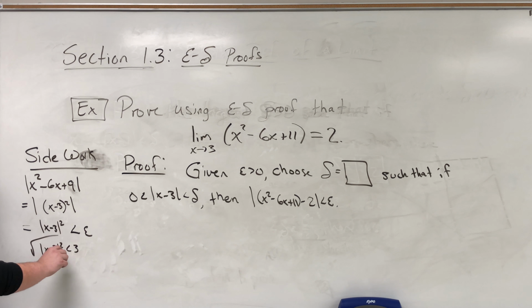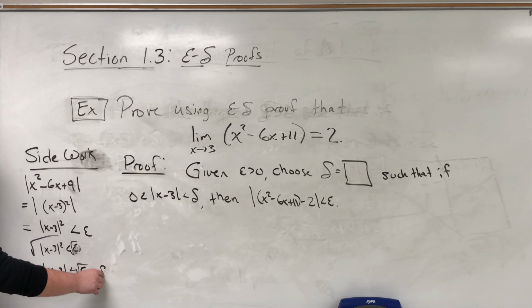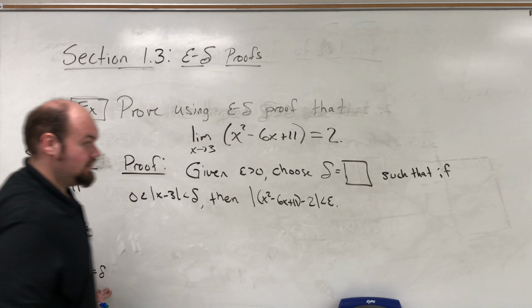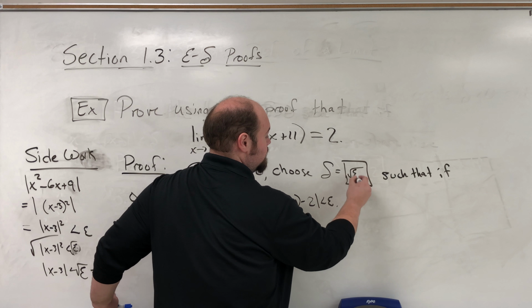I can take the square root of both sides. I get the absolute value of x minus 3 is less than the square root of epsilon. Okay, well that means this is like my delta, right? Or this has to be less than delta. So that means this needs to be my delta. So choose delta equal to the square root of epsilon.